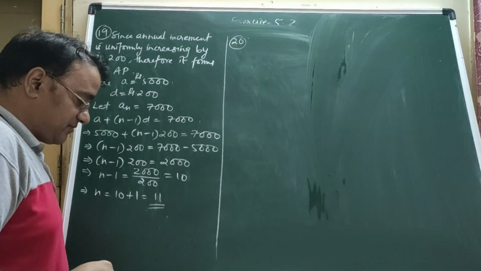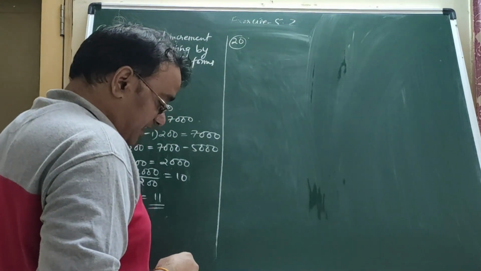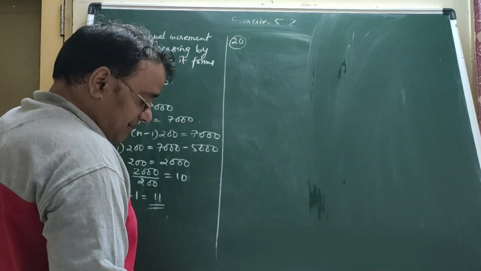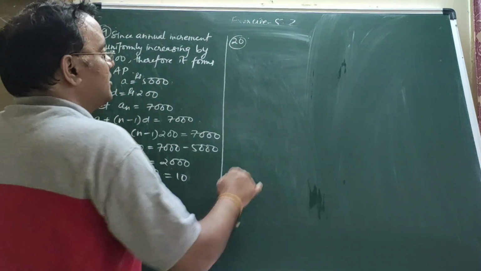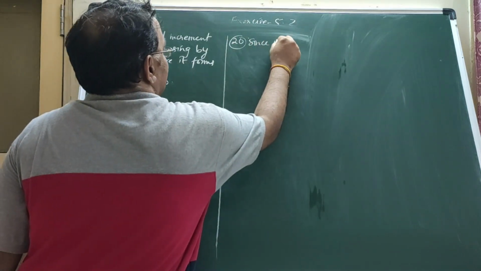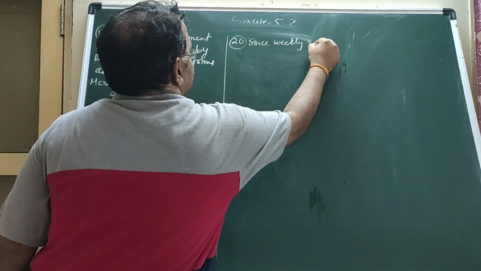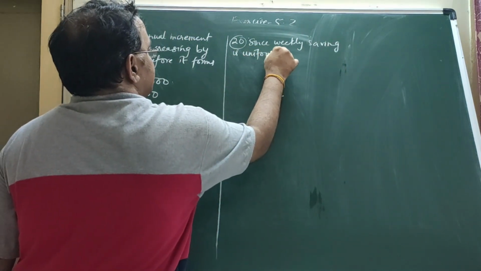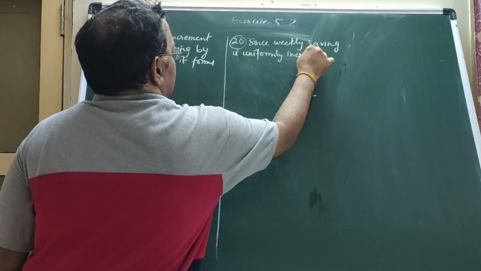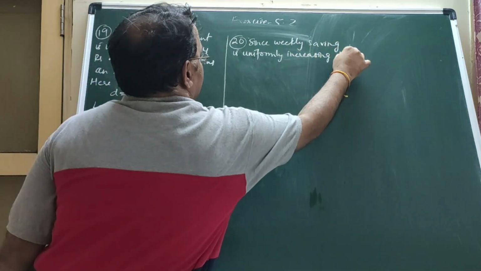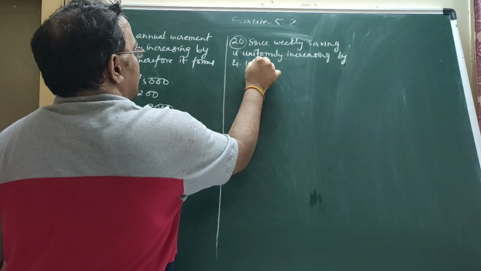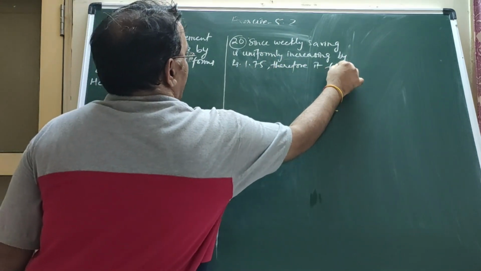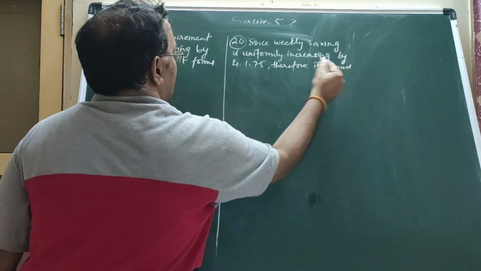Ramkali saved rupees 5 in the first week of a year and then increased her weekly savings by rupees 1.75. So, since weekly saving is uniformly increasing by rupees 1.75, therefore it forms an AP.